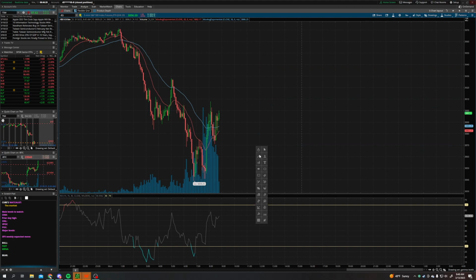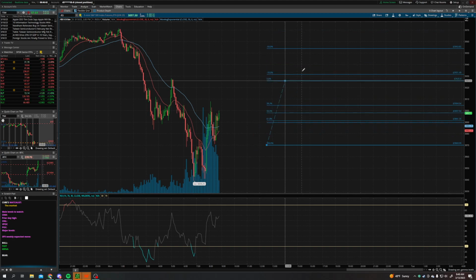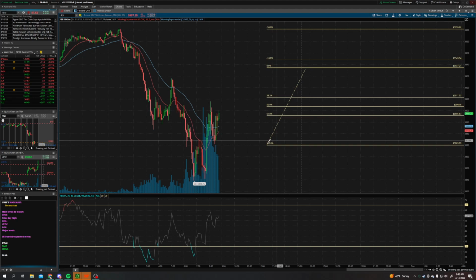So you have two ways to anchor retracement. We're gonna analyze first the upside retracement. So you're gonna be anchoring at the lows of the move to the top of the move, right? So you basically have what you would call this upside move right here, right?